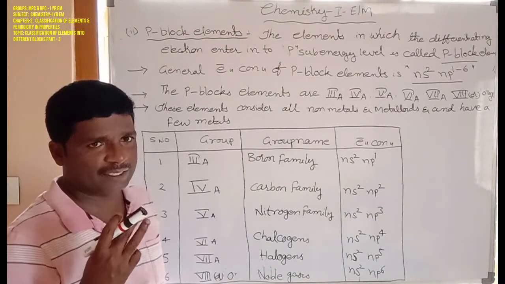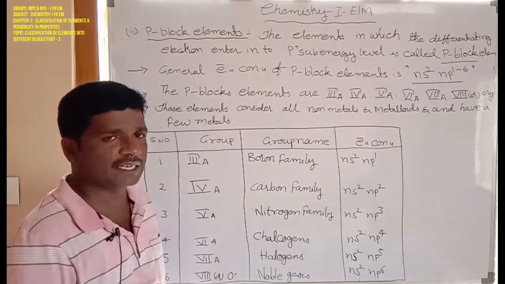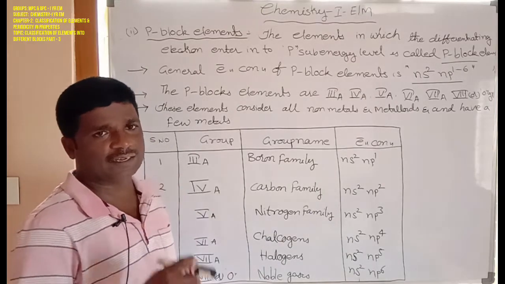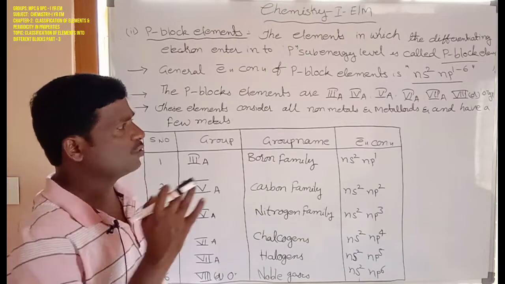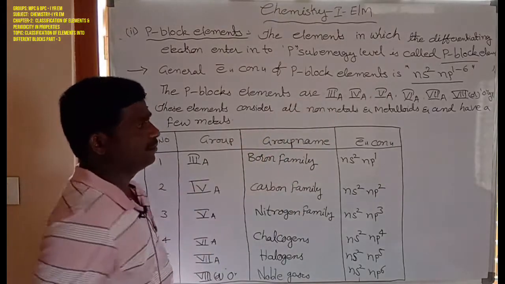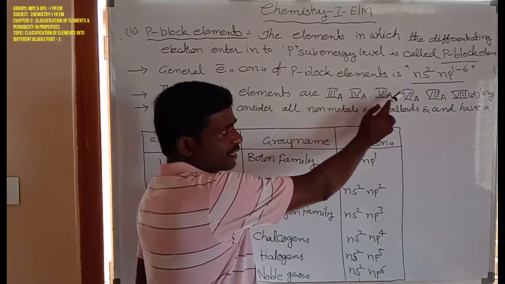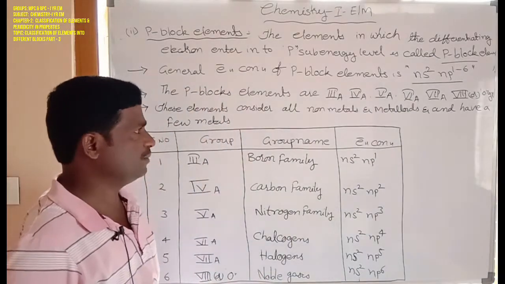That is, the P block elements are third A to 7th A and 0 group elements.